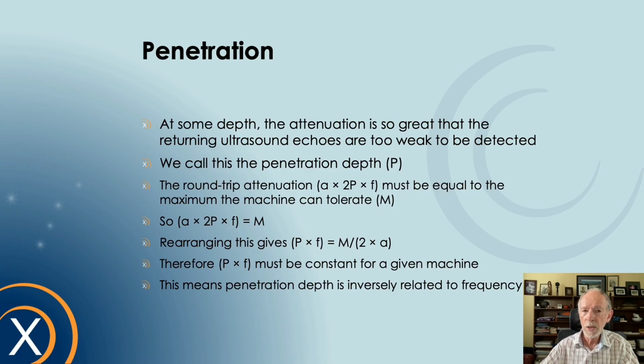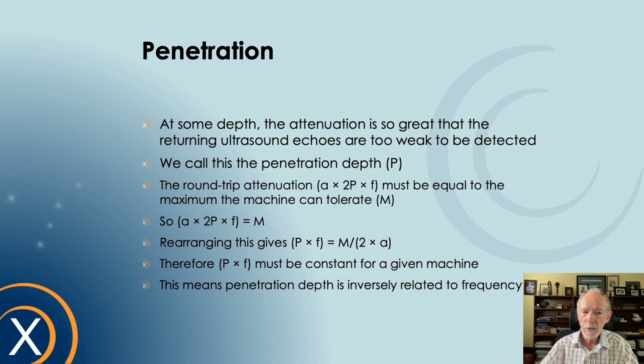Now those quantities on the right-hand side are fixed for a given situation. And so that tells us that for this particular machine, the product of penetration depth and frequency must be a constant.